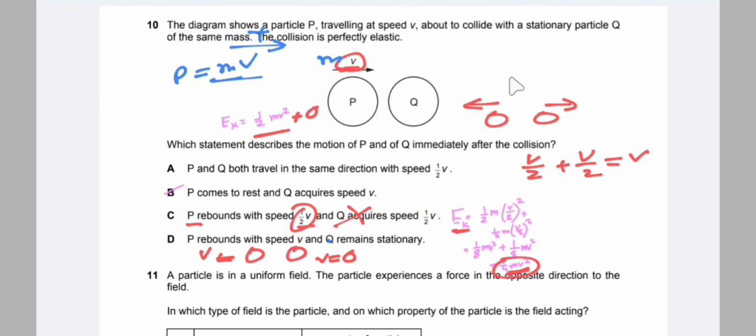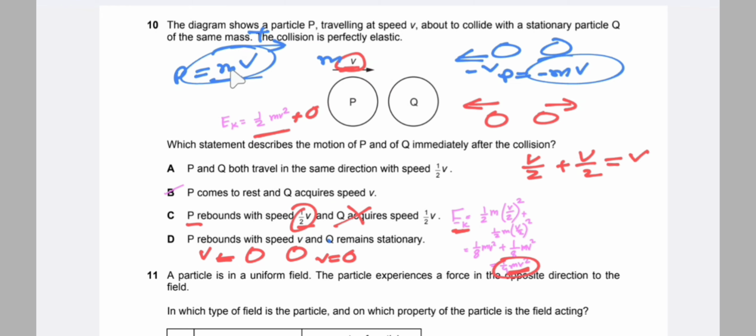After collision P rebounds and Q remains stationary. As P rebounds, its velocity becomes negative, so mass times negative velocity. As we can see, the momentum after collision is not the same as the momentum before collision, since there is a plus sign before and a minus sign in the final answer, so this option is also wrong. So the correct statement is B.